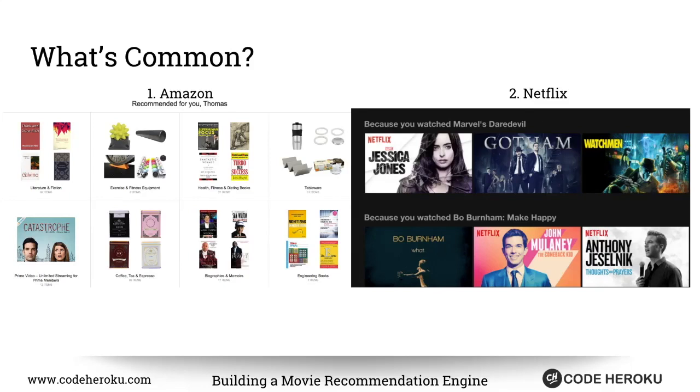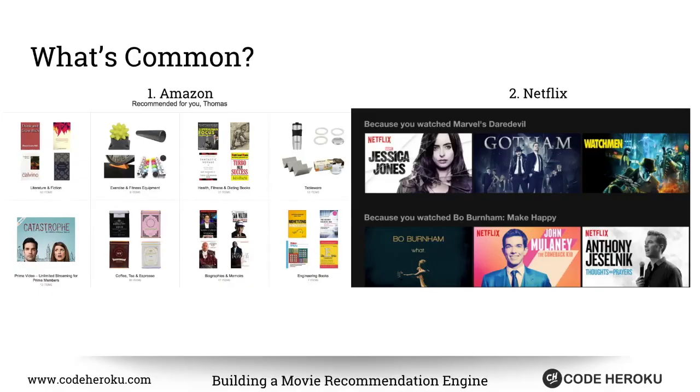What else? Does everyone agree with what Naman is saying, that these are recommendations, or is there something else to it? Yep, Suman says they are recommendations based on the past.